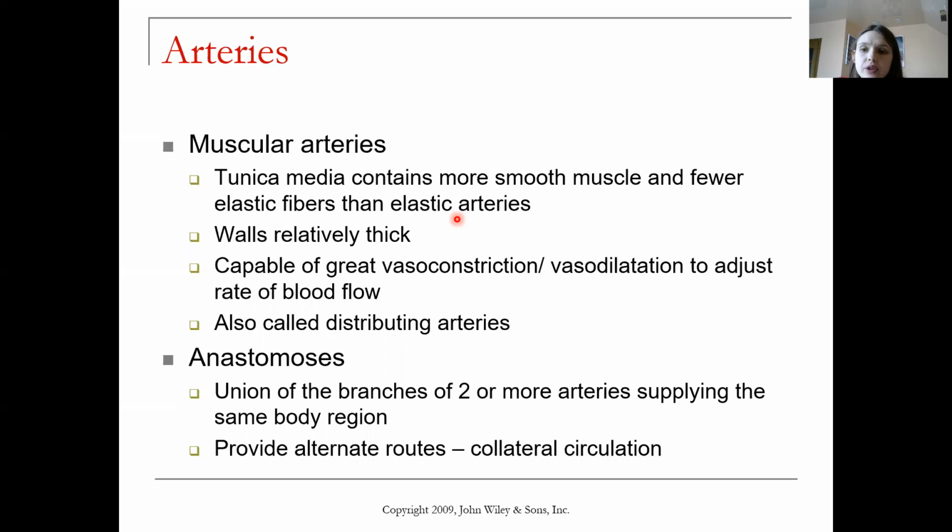They are capable of vasoconstriction and vasodilatation, and this type of arteries is also called distributary arteries. They are to some extent responsible for anastomosis, a union of the branches of two or more arteries supplying the same body region. This provides alternate routes, which is called collateral circulation.